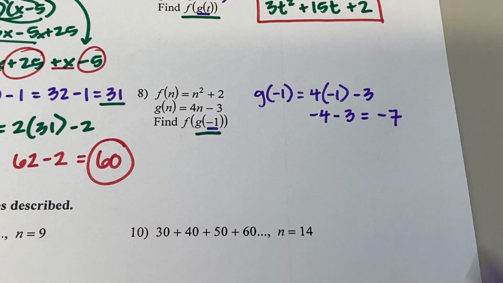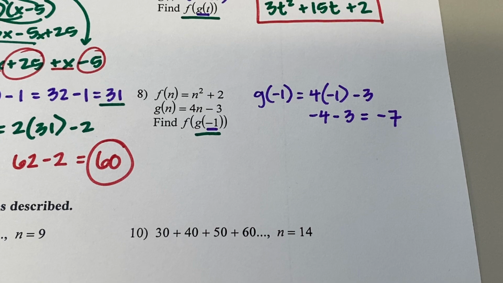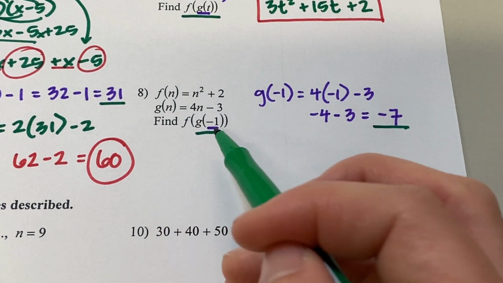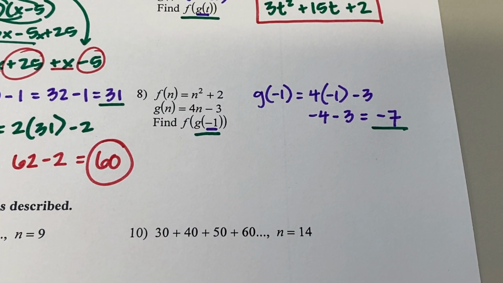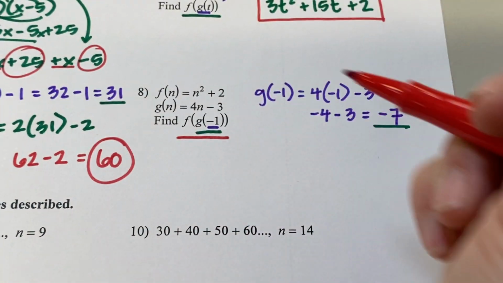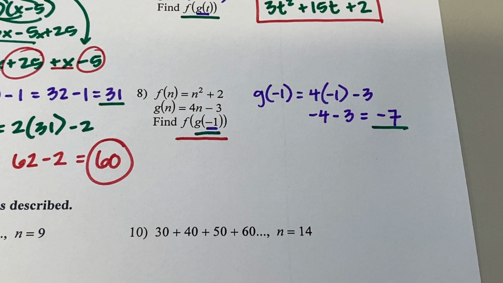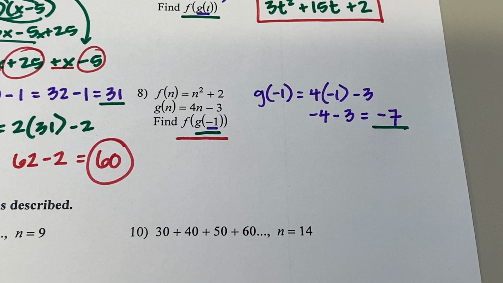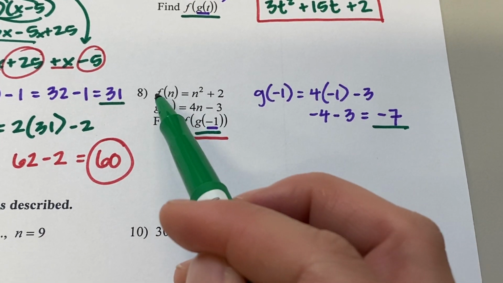So now -7 becomes the number that I now plug into my f. Okay, alrighty. So now I'm going to take that -7 and plug it into my f function.